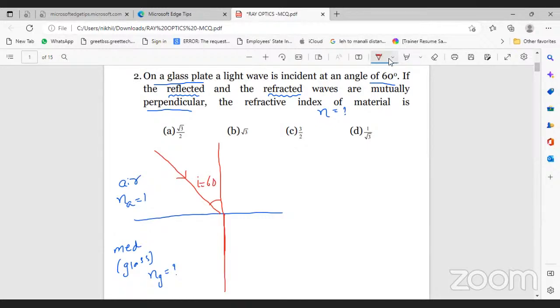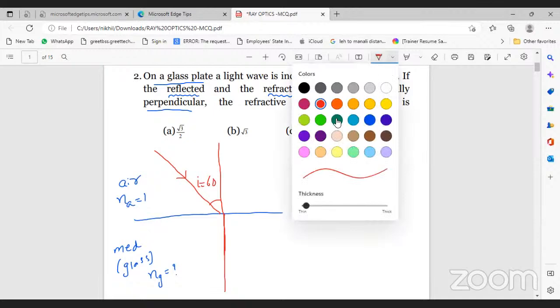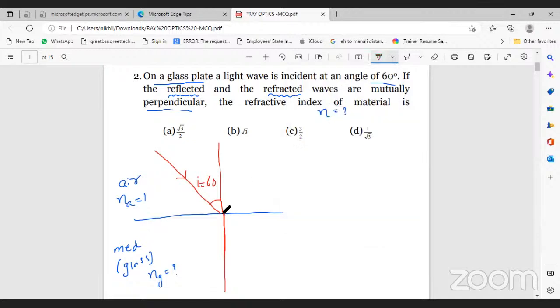Now they are telling us the ray undergoes both reflection, this is the reflected ray, and also refraction. This is the angle of refraction, right? What other data have they given? The reflected ray and refracted ray are perpendicular. So what is the angle between these two rays? 90 degrees.